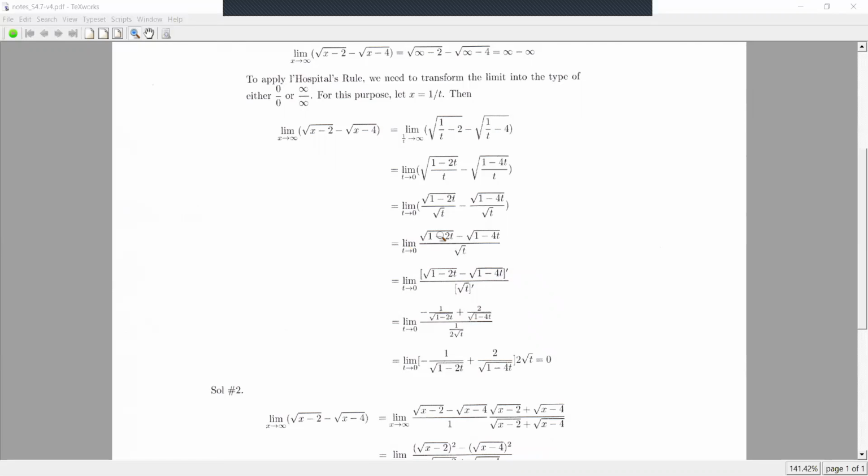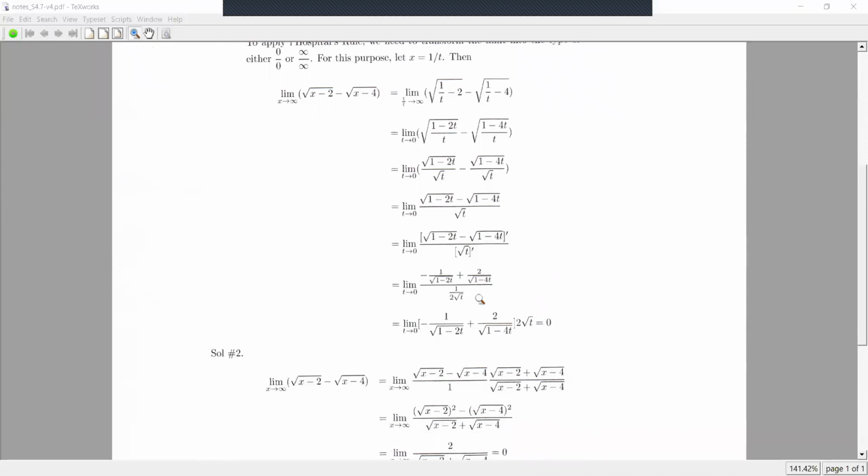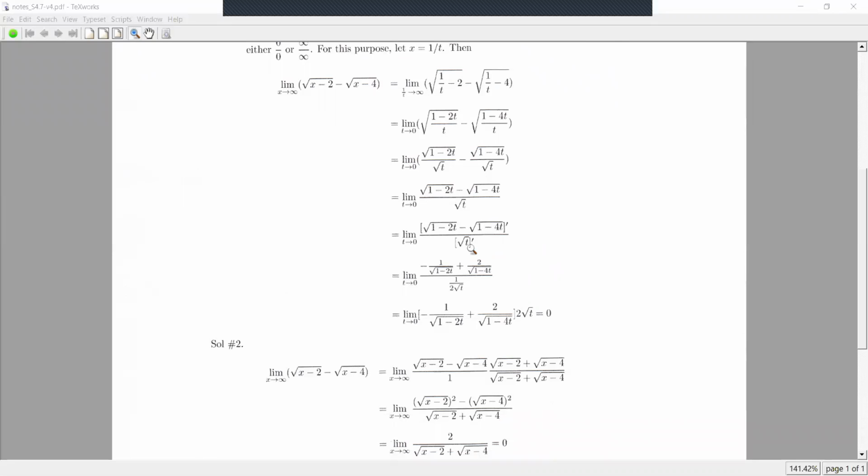By L'Hopital's rule, this limit is equal to the derivative of the numerator over the derivative of the denominator. Now the derivative of the square root of t is this. For the numerator, compute the derivative of the first term, we need to use the chain rule.